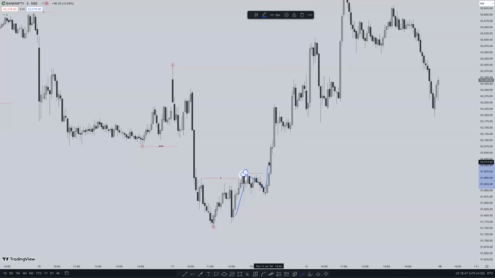Why? Because this is the only pullback here as an inducement. So once the market breaks the same pullback, that means the market is looking for something different, maybe looking for the reversal and the sell setup here.